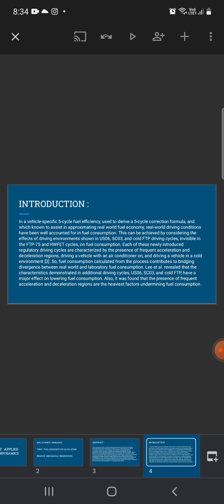So, fuel consumption calculated from this process helps bridge the divergence between real world and laboratory fuel consumption. Later, it was found that the characteristics demonstrated in the driving cycles US06, SC03 and cold FTP have a major effect on lowering fuel consumption. Also, the presence of frequent acceleration and deceleration regions was found to be the highest factor undermining fuel consumption.